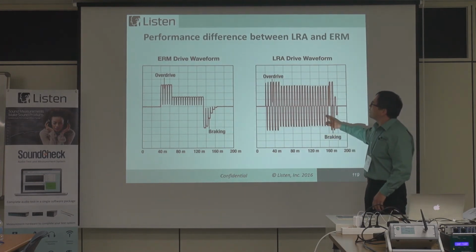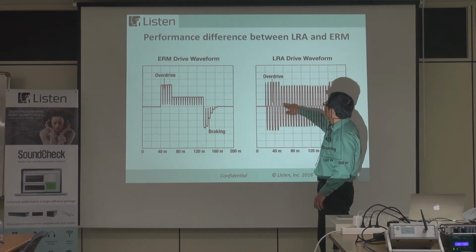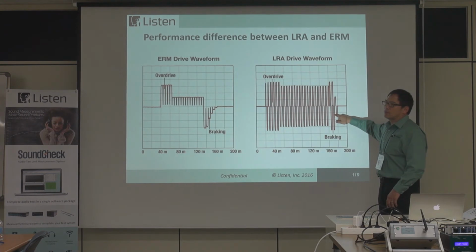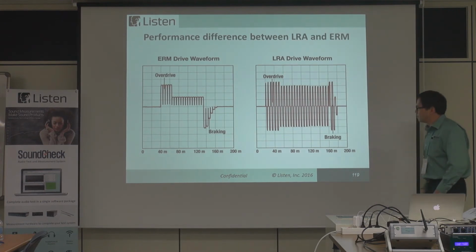Whereas with a linear motor, the ramp up is shorter, and it has a pretty uniform feedback, and the braking is also faster than an ERM. And you can adjust the amplitude because it's an AC signal.